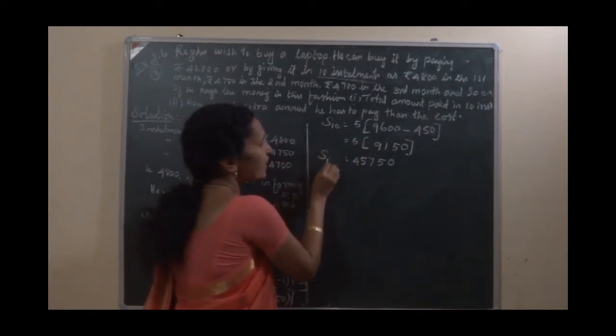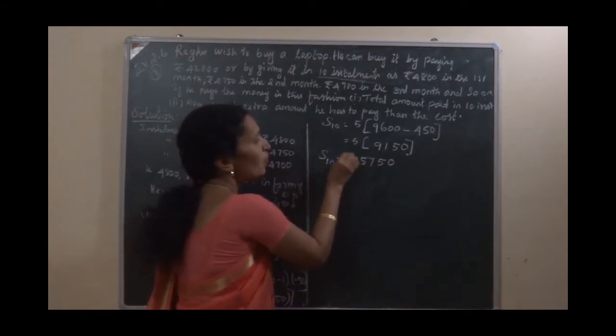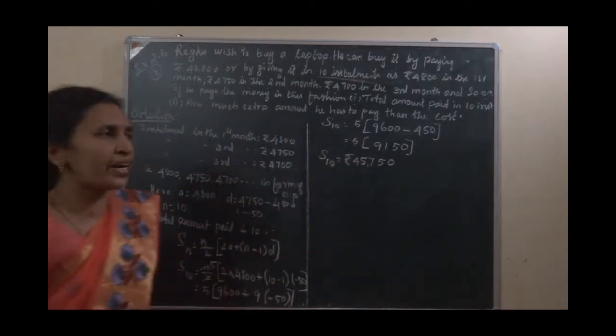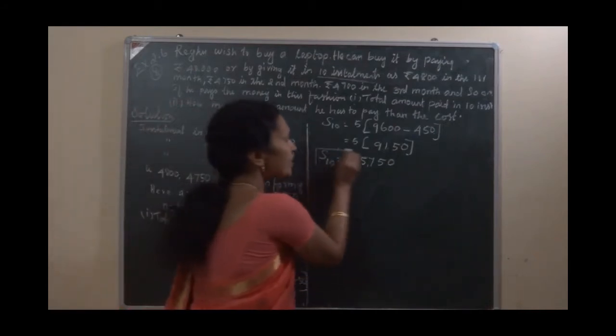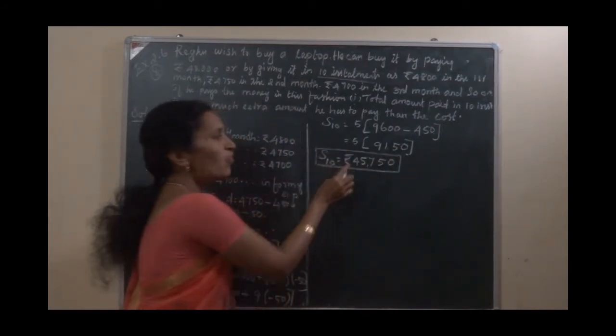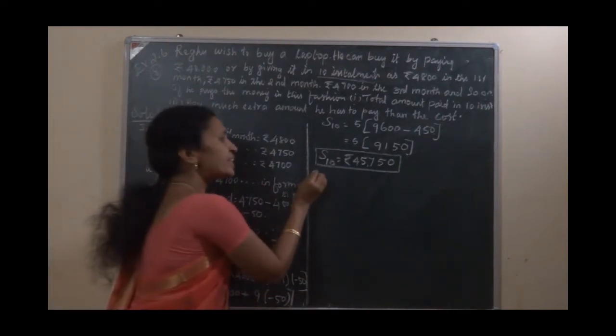So S10 equal to rupees 45,750. So the total amount paid in 10 installments is rupees 45,750.